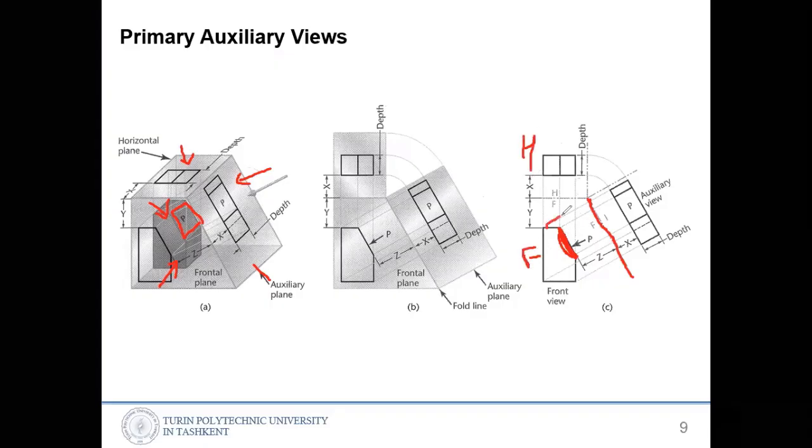Make 90-degree lines from every point of this view, and also from here. Transfer this using a compass, cross them, and you will generate the auxiliary view. Like we open this, so it becomes like this.